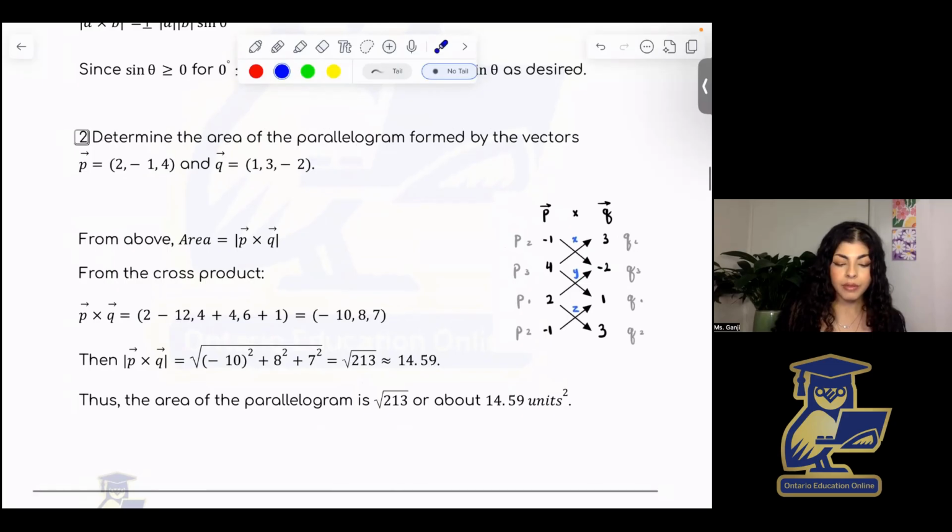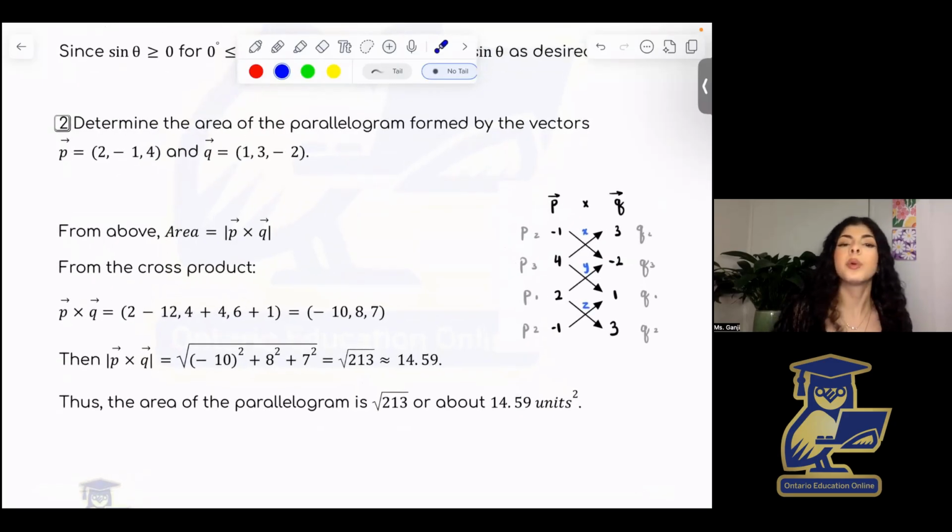Now, keep in mind, again, with vectors we aren't necessarily given units, but we are now working with area, so we do have to acknowledge the unit for area. So we just assume that the side lengths have a magnitude of one unit. So unit times unit is going to be units squared.